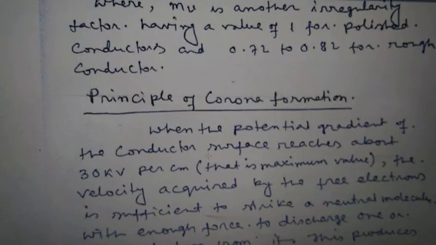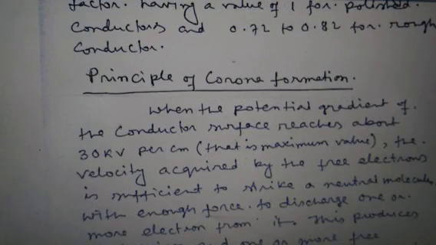Under the influence of this potential gradient, the existing free electrons acquire greater velocities. The greater the applied voltage, the greater the potential gradient, and the more the velocity of the electrons. When the potential gradient at the conductor surface reaches about 30 kV per centimeter, that is the maximum value, the velocity of the free electron is sufficient to strike a neutral molecule with enough force to dislodge one or more electrons from it.